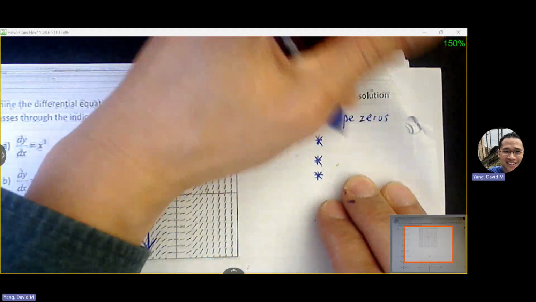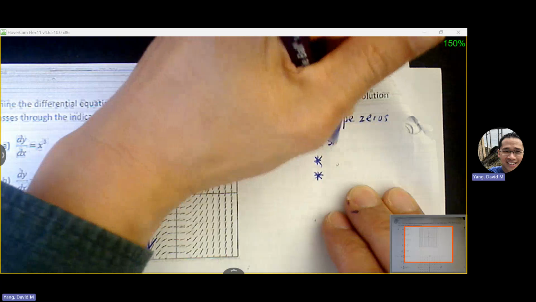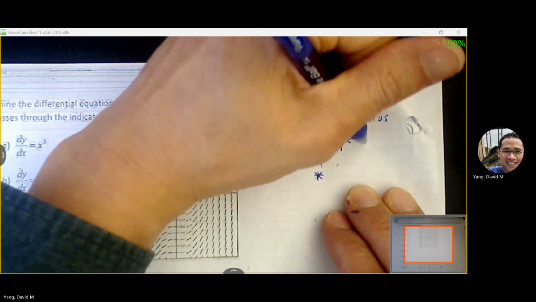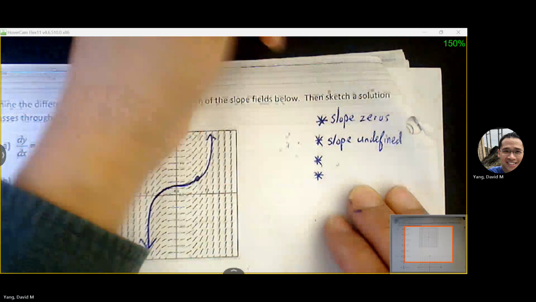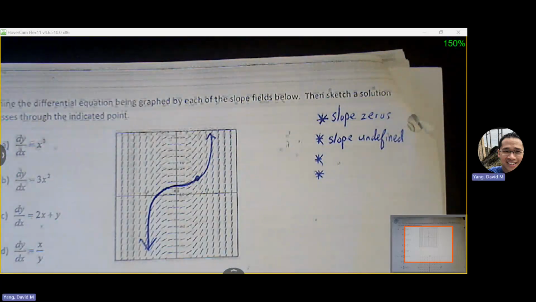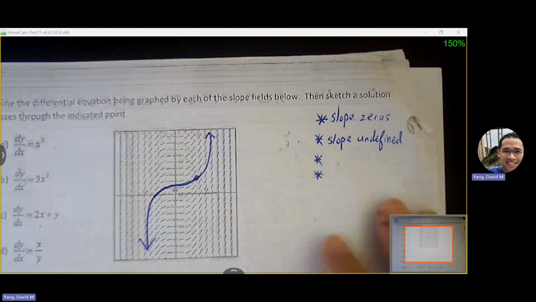Next, where do I see slope undefined? Slope undefined would be a huge gap in your graph. If there's a huge gap, that means at this x or y value the slope is undefined, and that usually can help me eliminate some choices.